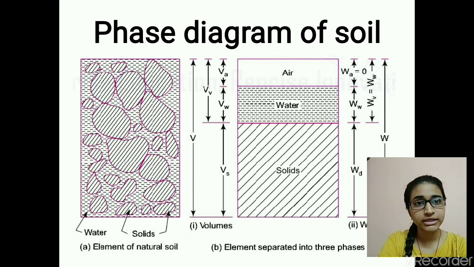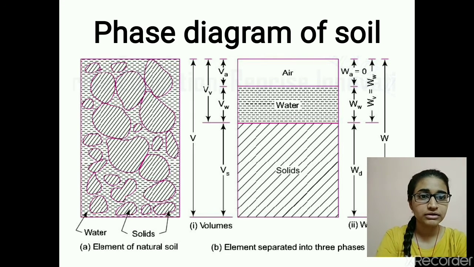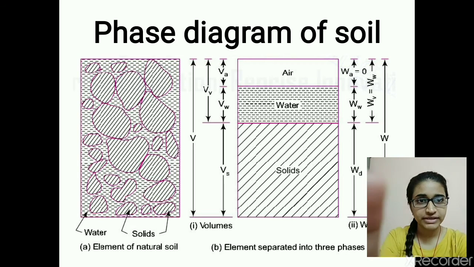So accordingly we should take the volume and weight of the soil. For explaining that, you can see in figure B, the elements are separated according to the three phases.